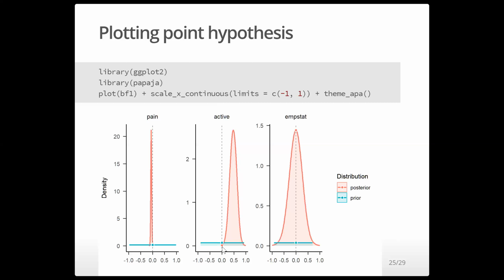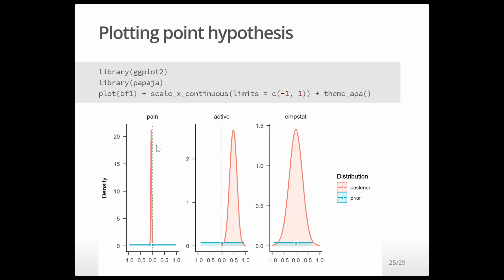The posterior is quite low at 0, so the data has provided evidence that active is not 0. It's hard to see with pain because they're pretty close together, but the posterior is a little bit higher. But another thing we note with pain is how tight this distribution is. This was reflected in the credible interval. We really have a lot of confidence that pain is in this very weak negative range.